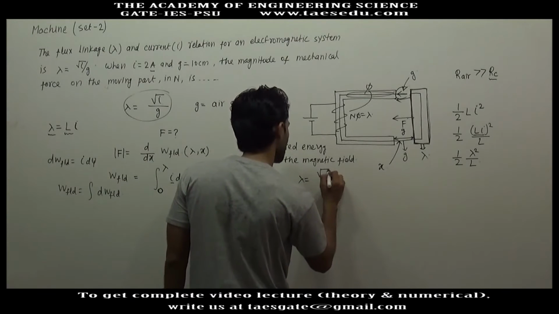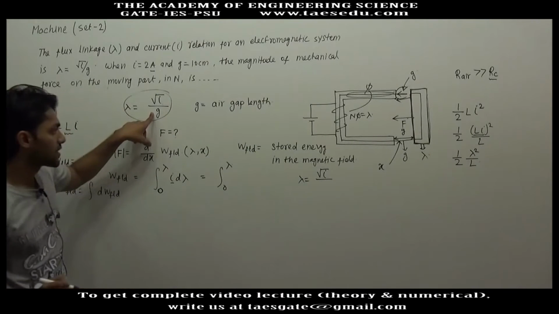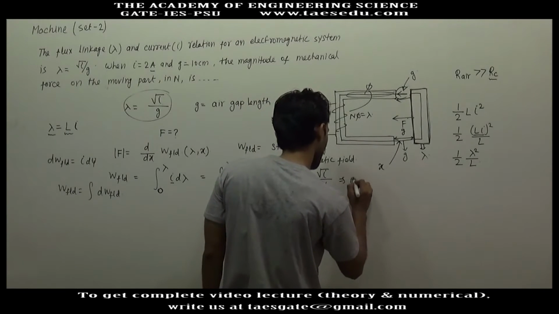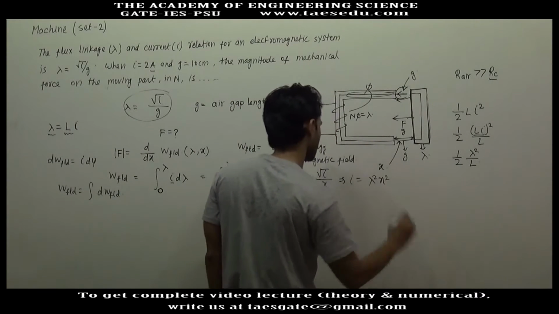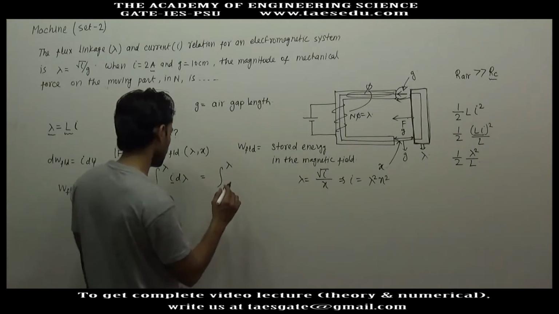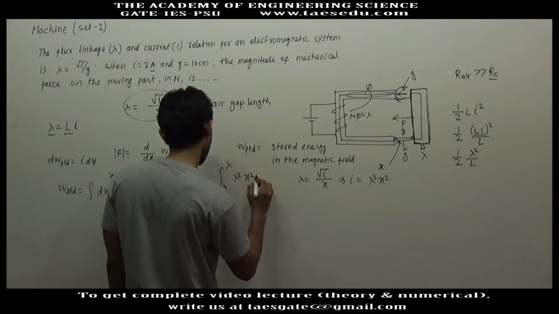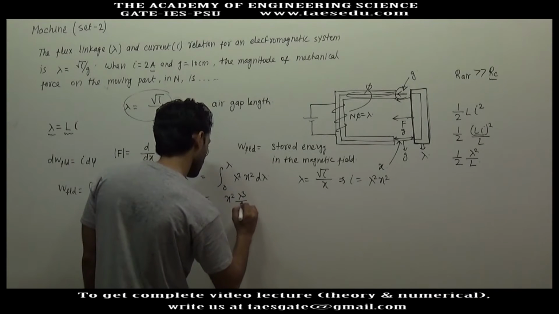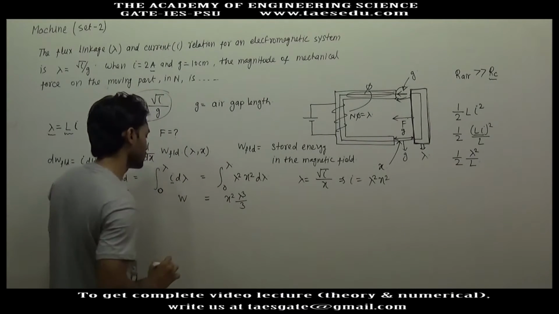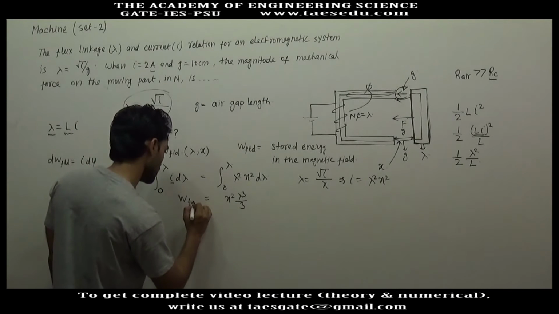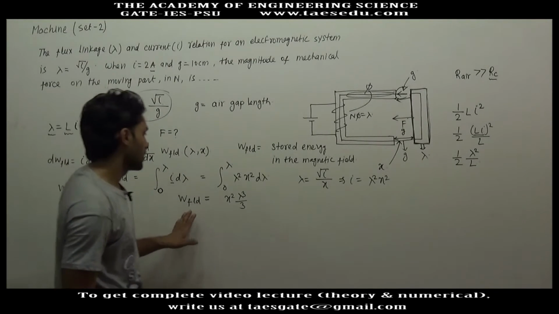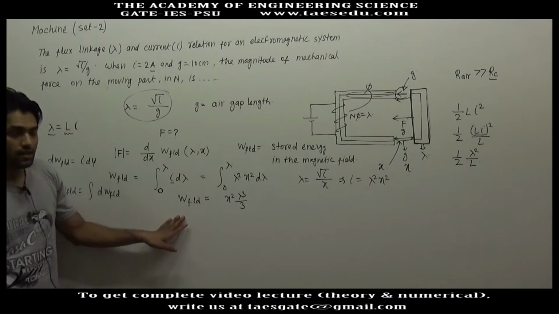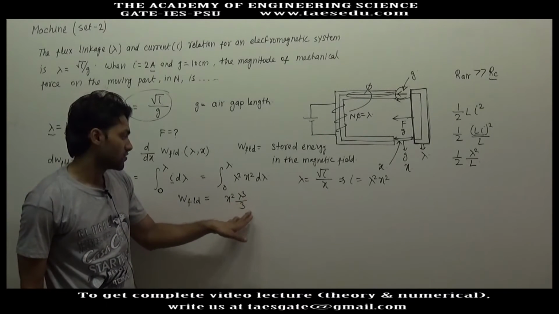Lambda is equal to root under i divided by the air gap length, which is variable, so I will write x instead of g. So i will be lambda square x square. Okay, so this will be lambda square x square d lambda. After integrating, we will get x square lambda cube divided by 3. Okay, so this is the total stored energy in the field when the air gap is x. At air gap x, the total stored energy in the field is x square lambda cube divided by 3.